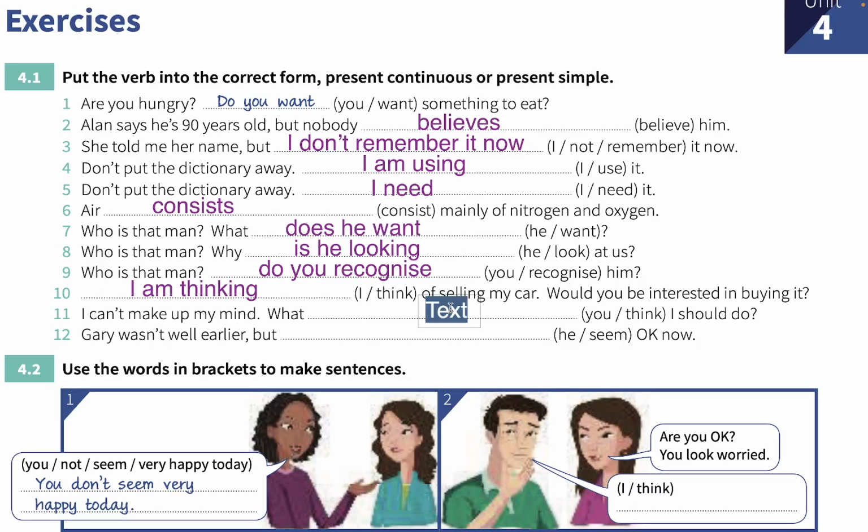What do you think I should do? Yes. What do you think I should do? Number 12. Steven? He seems okay now. Yes. He seems okay now. Is this clear for everybody?